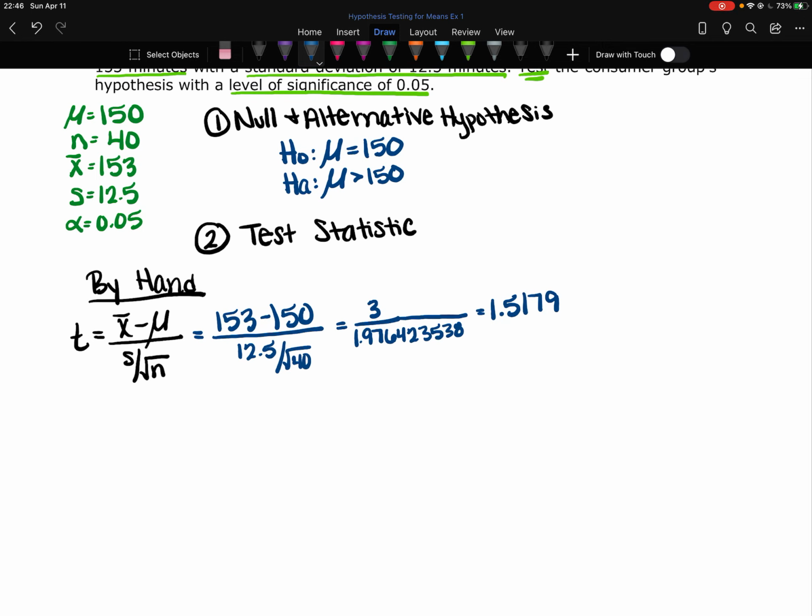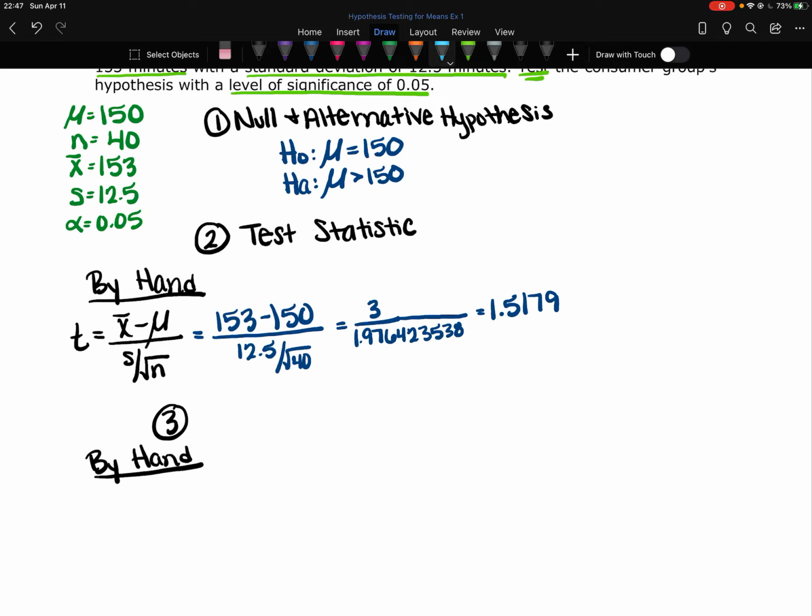So then my p-value, I'm going to go ahead and do that by hand. Now, one of the nice things about Excel and the t distribution is there is a built-in right-tailed t distribution function, which is really nice because then you don't have to worry about remembering to do the 1 minus.